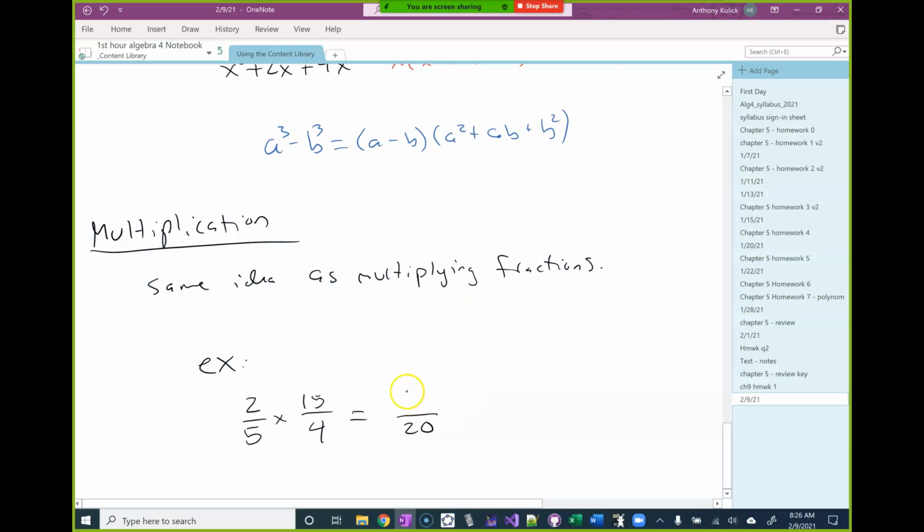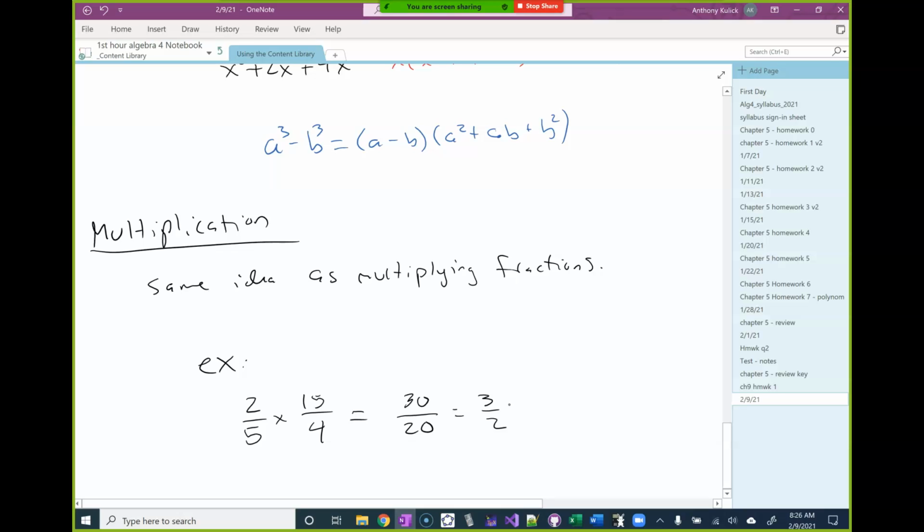What do we still need to do here, though? Reduce, yes, exactly. So in this case, what would this reduce down to? Three over 2. Again, that should be fairly easy to see in your head that we're just dividing each by 10, right? Everybody kind of remember doing this at some point?